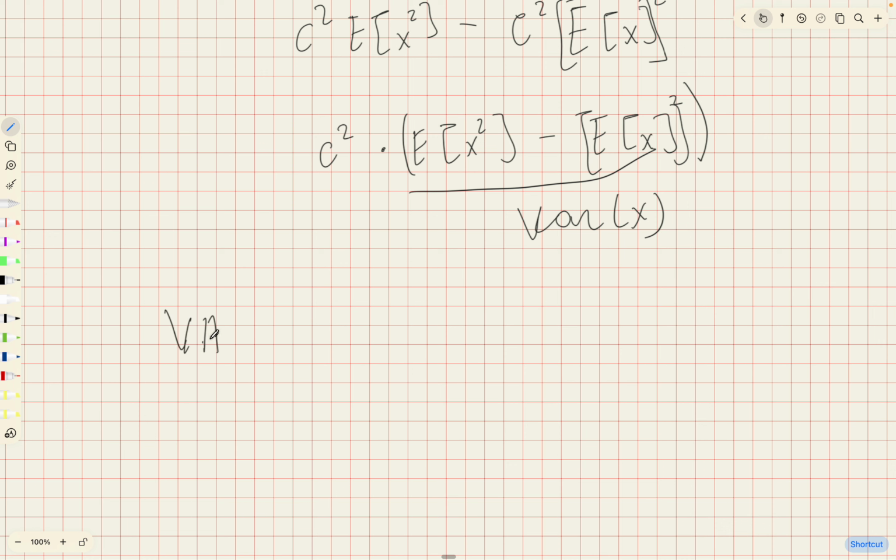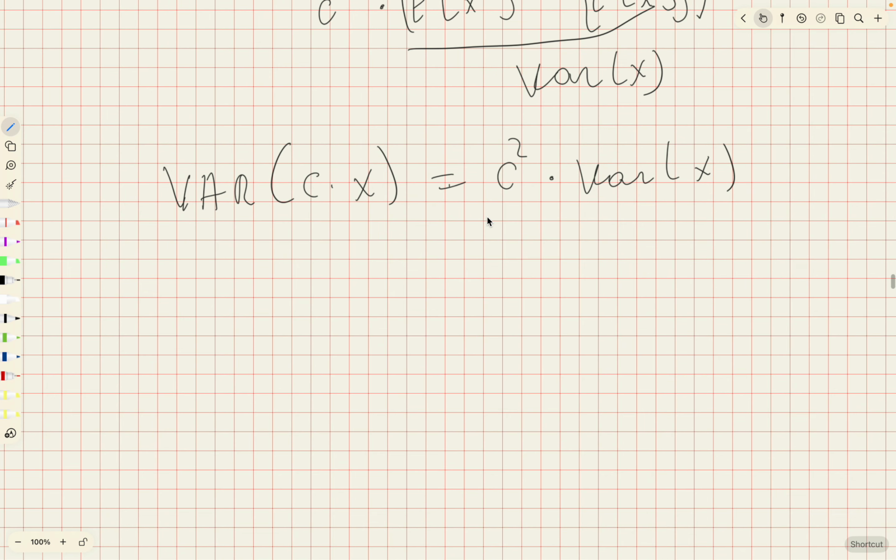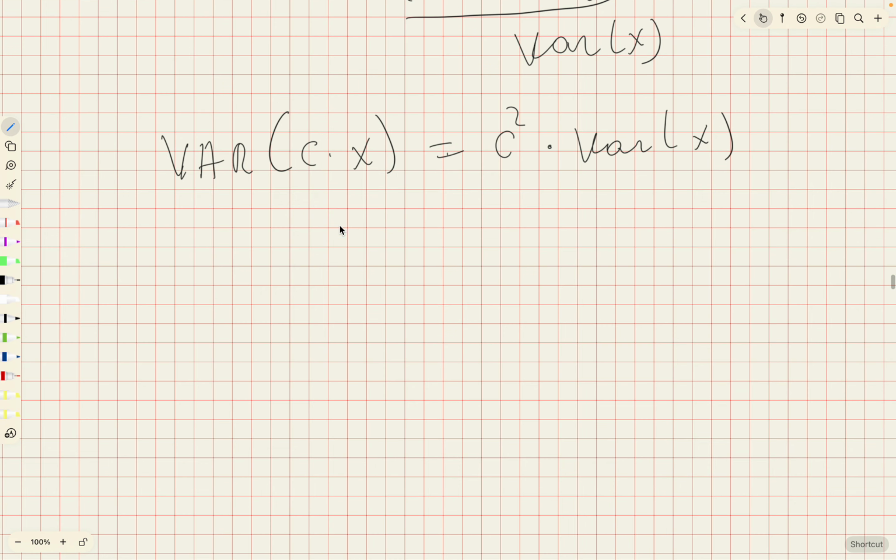So we come up with this, the variance of Cx is c squared times variance of x. So now we proved that when we take a constant that is inside the variance, it actually comes out, but it comes out squared.